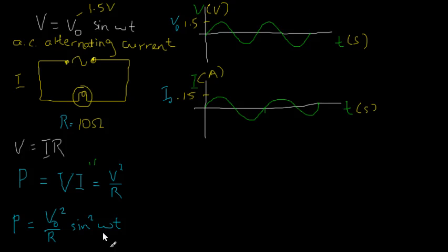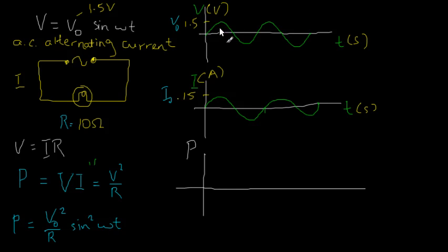So this means that as time passes, P would go up and down with this function. But now, if I want to think about sketching a graph of P, what would it look like? So let's take a look. Now a sine squared function.